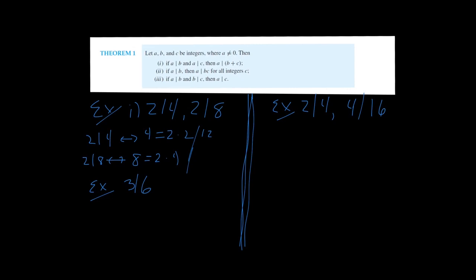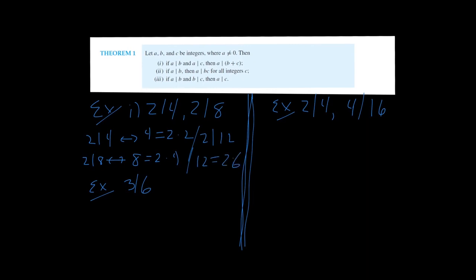Okay, so that means that 2 is going to divide 12. Whoops, let me rewrite that. We know that 2 is going to divide 12 because 12 is equal to 2 times 6.